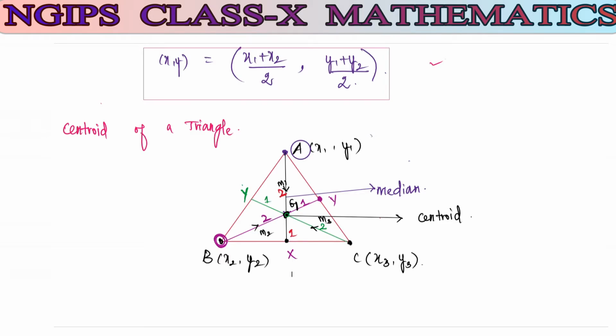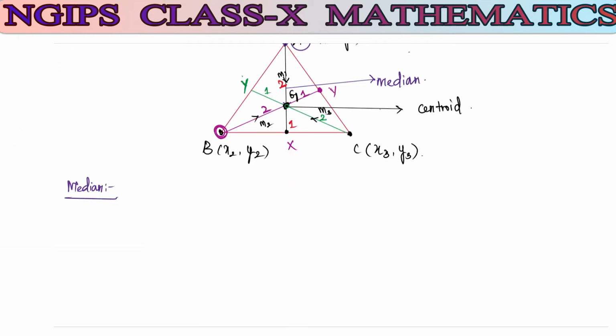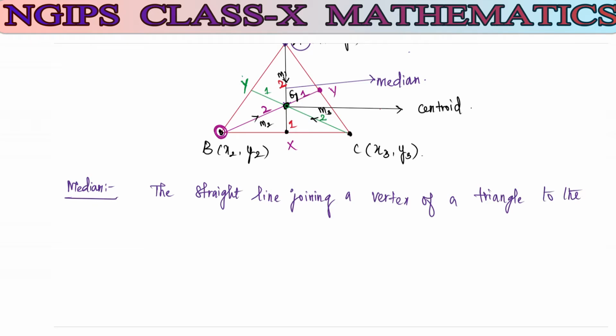Just I am going to write here, median is nothing but the straight line joining a vertex of a triangle to the midpoint of the opposite side is called median.